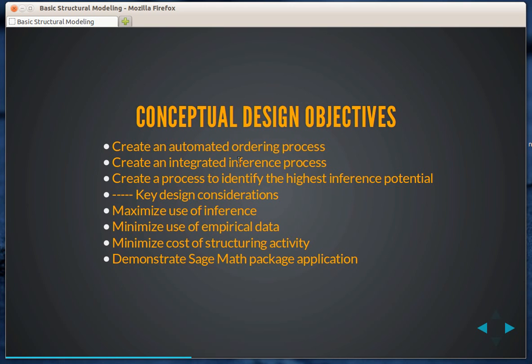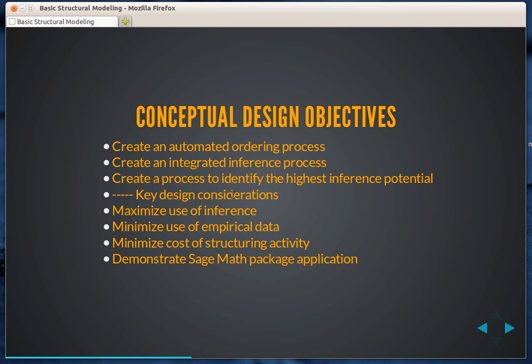To create an integrated inference process, we've again discussed that and looked at the details, what needs to happen there, and create a process to identify the highest inference potential. Again, this is another area where we'll be optimizing the system once we have some operational code and we can run different types of test processes through it.